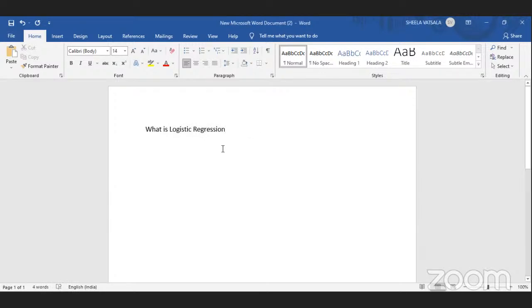So to point out, this is primarily used to predict the binary class or variable.